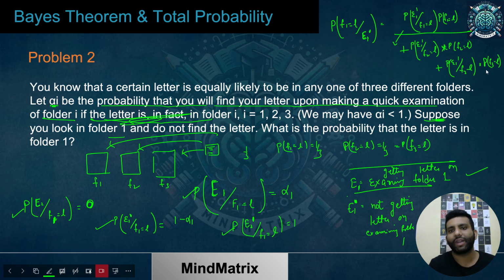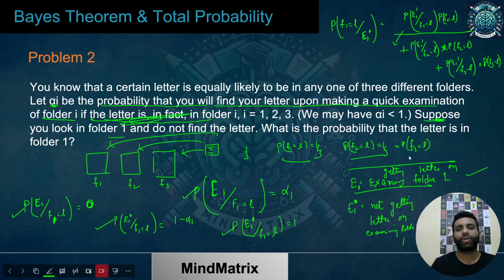Let me tell you what exactly this means. This is the probability of not finding the letter in the first folder when it was still present. This is the probability of the letter being present in folder 1, which we have already seen.